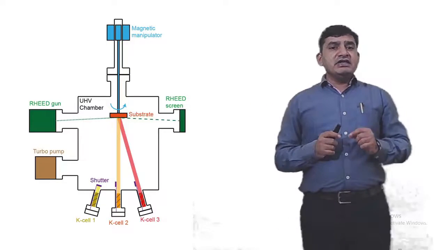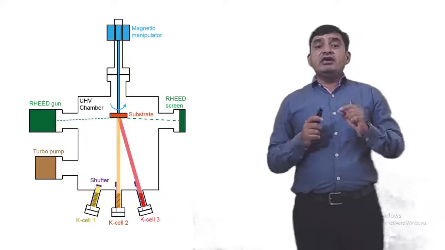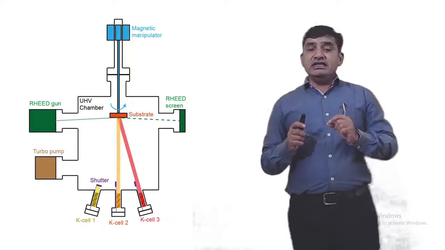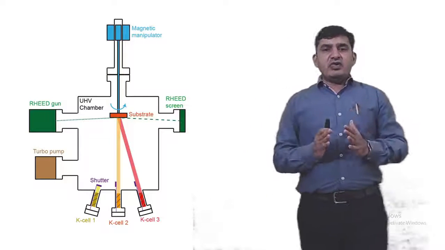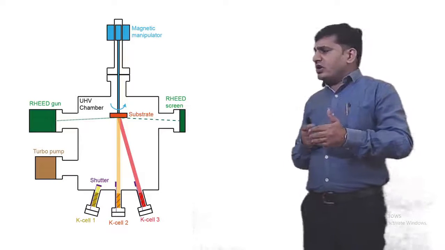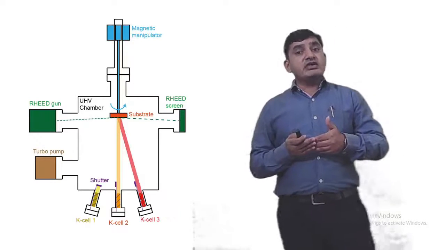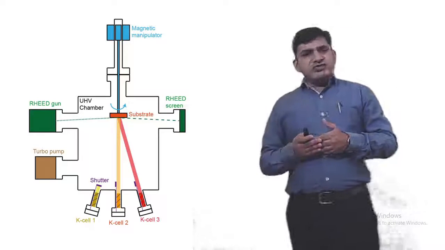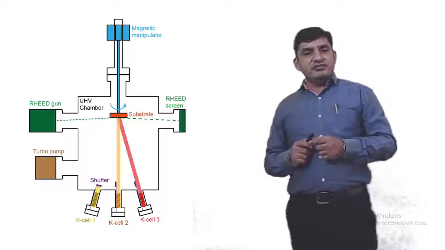Then there is a reflection high energy electron diffraction gun, that is the RHEED gun, from which electrons are emitted and incident on the substrate. It is used to control the deposition of the thin film, or layer, over the substrate, and also to control the thickness of the thin film.